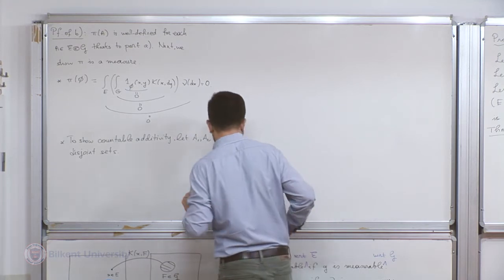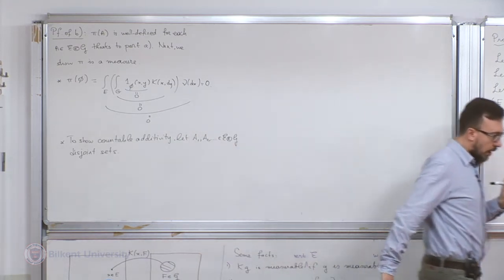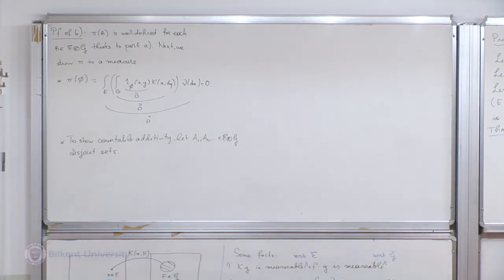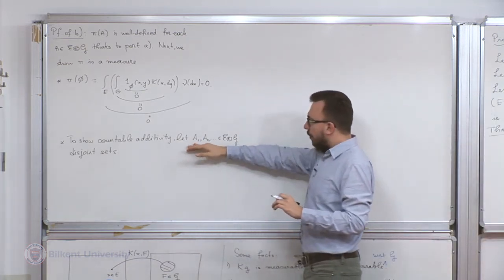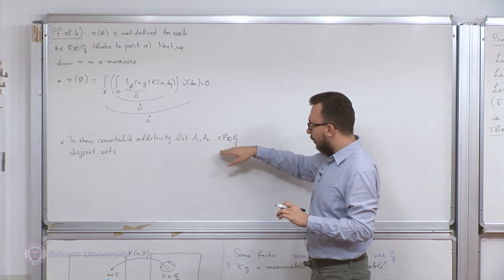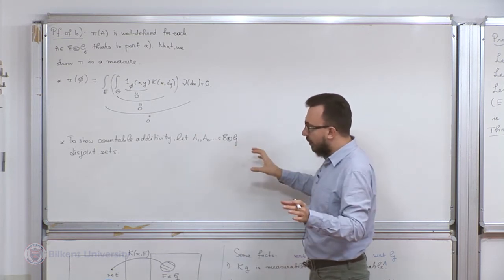So I'd like to be able to use monotone convergence theorem, okay? So to prove that pi of the union is equal to the sum of the pi's of the A_i's, I'd like to use monotone convergence theorem, but with those sets I cannot use it because they are just disjoint sets.